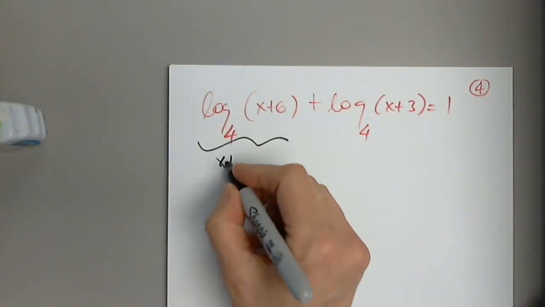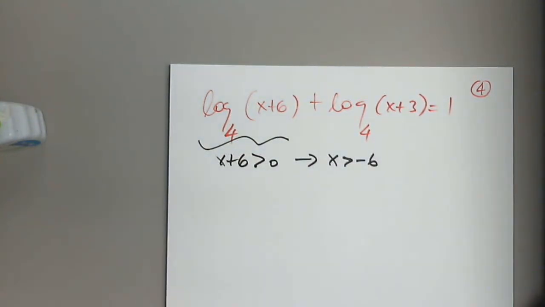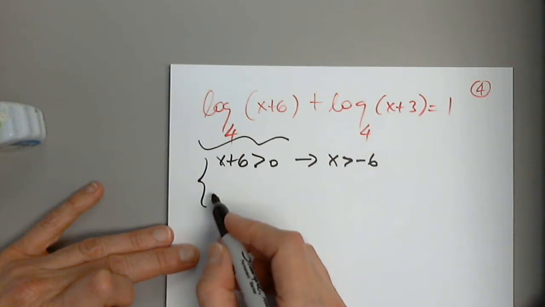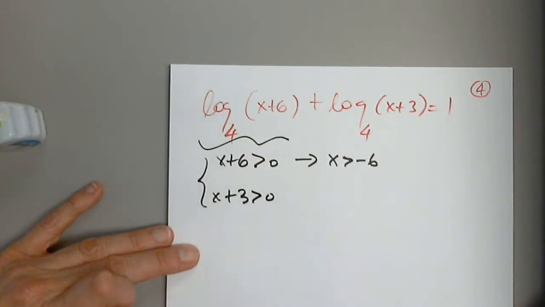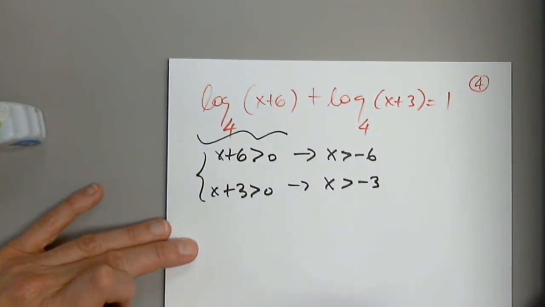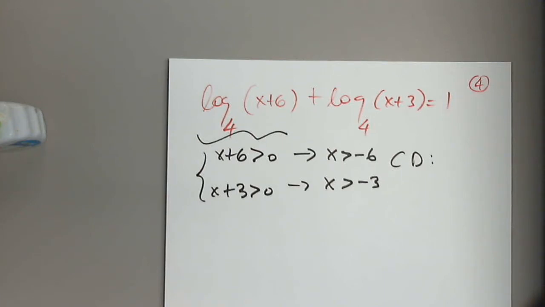I have to write x plus 6 greater than 0, which will result in x greater than -6. Very good. For this one, what do I have to write? Is this clear? Okay. So then from here I have x greater than -3. What will be the common domain? If you say I can see it, graph it, I'll graph it. If you see what the common domain is, then I'll write it.